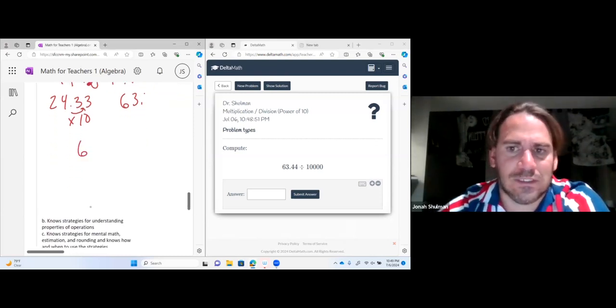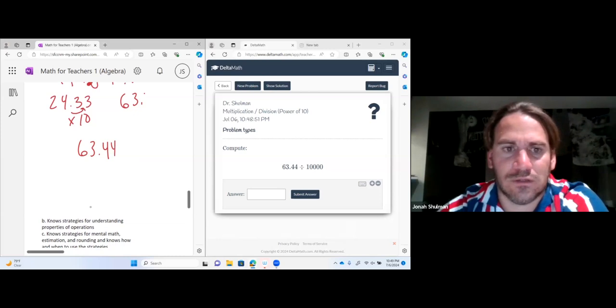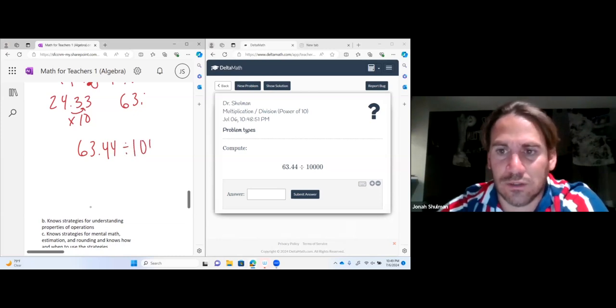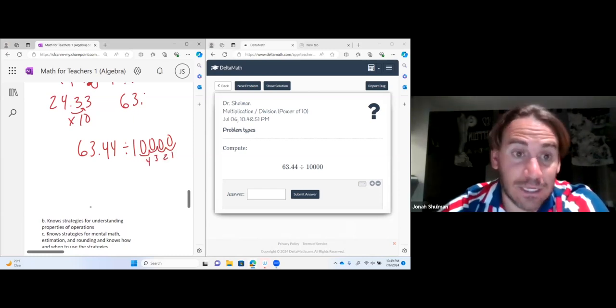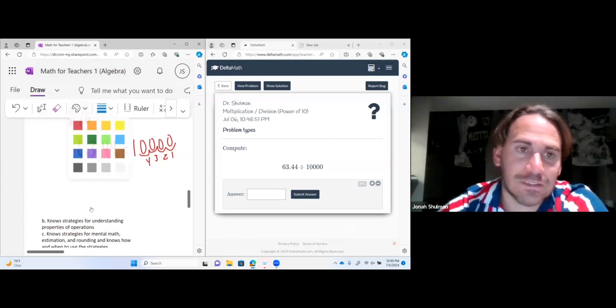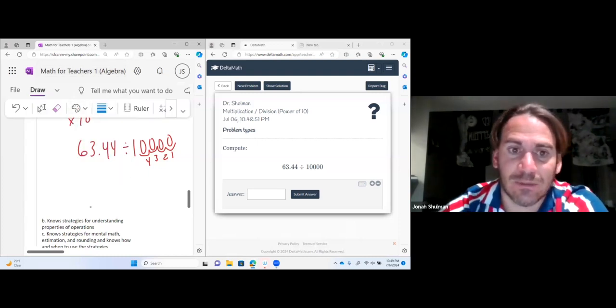So if I have 63.44 divided by 1 with 4 zeros, right? 1, 2, 3, 4. If I go back 1, 2, 3, 4, that makes it a 1. And I want to make this smaller, right? The whole idea is teaching students to understand we have to make this smaller.